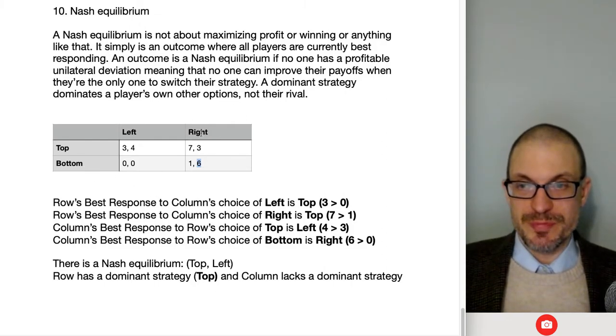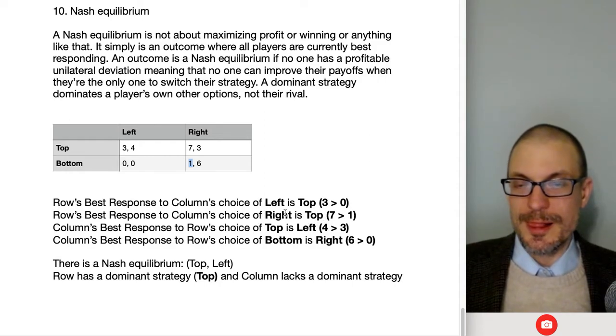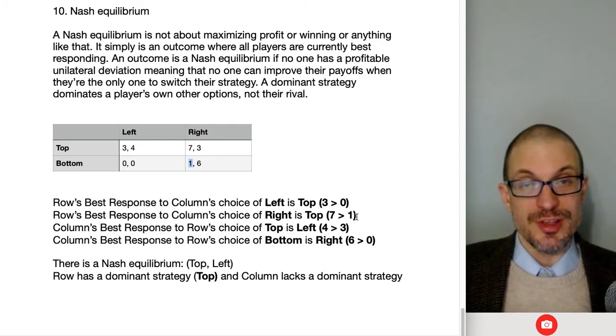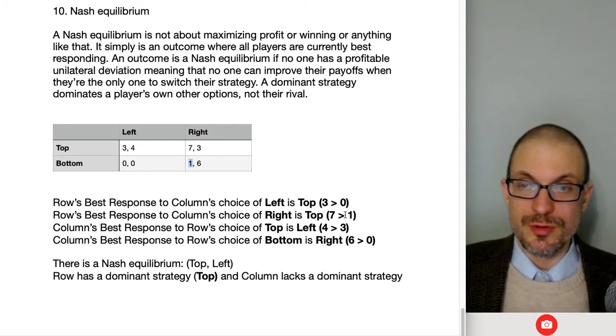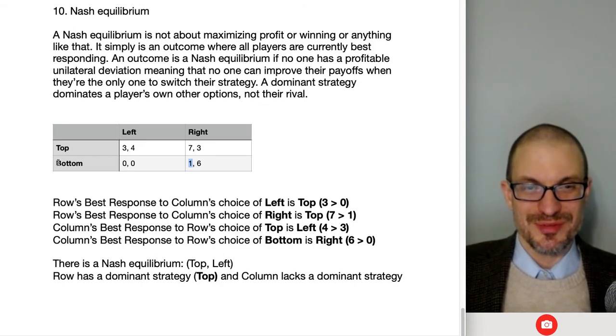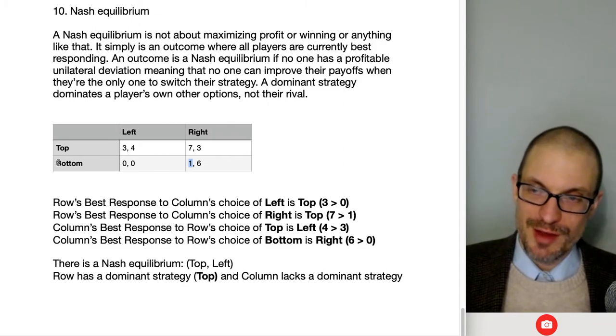What's row's best response to column's choice of right? Well, top yields 7, bottom yields 1, so the best response to column's choice of right is top, right? And notice in finding best responses, we compared row's payoff for one of its choices to row's payoff for its other choice.